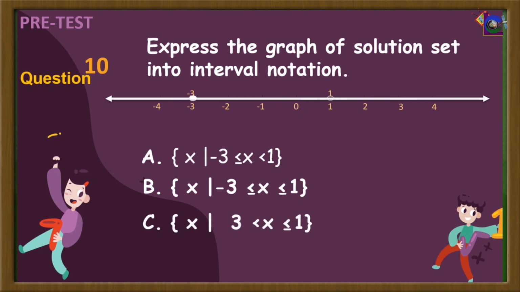C. The set of all x such that x is any number greater than 3 and less than or equal to 1. D. The set of all x such that x is any number greater than or equal to 3 and less than 1.